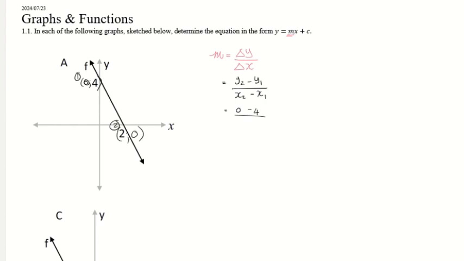Over 2 minus 0. Let's simplify that. 0 minus 4. Great stuff. This is the cleverest class I've ever seen. That's negative 4 over 2. If we simplify that, can we simplify that? Yes. What is the answer? Negative 2. Can I simplify further?